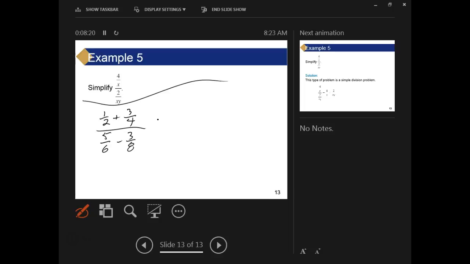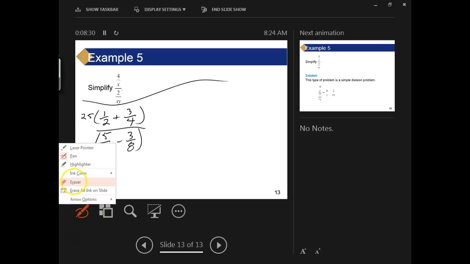So what do we do with it, though? Multiply numerator and denominator by 24. Now, take as many steps as it takes to do this.